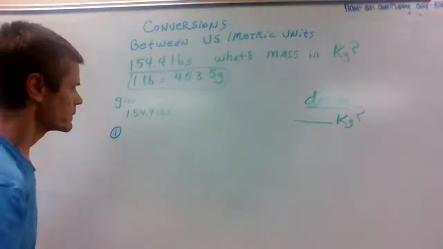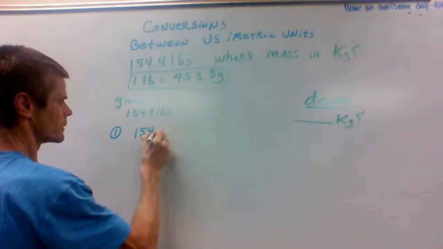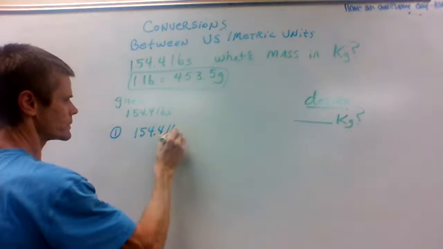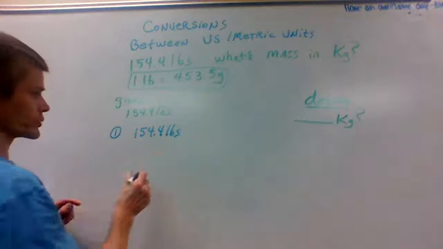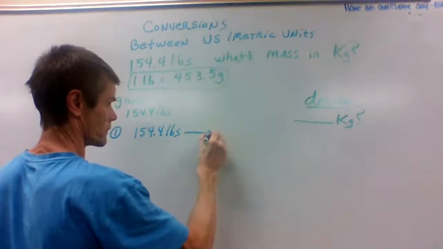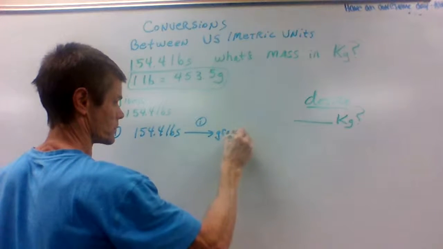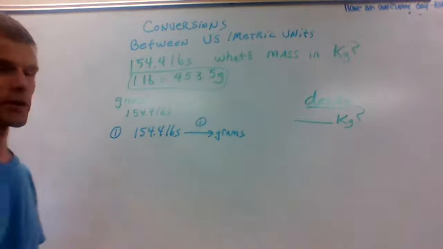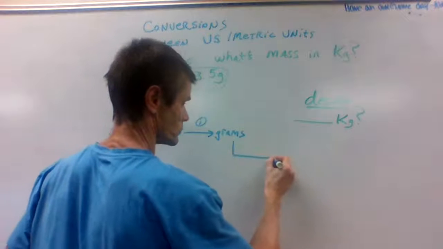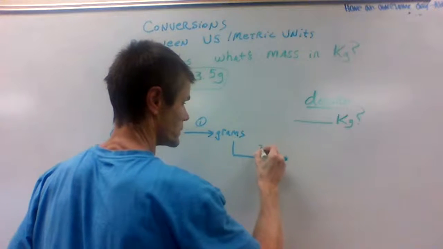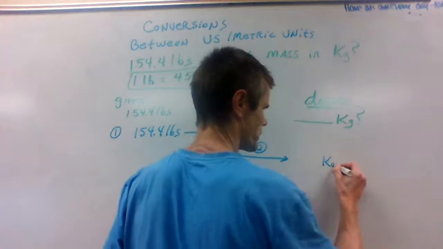First step is we're going to convert 154.4 pounds to grams using our conversion factor. That's our first step. Once we know what the patient's mass in grams is, the second step is to convert that to kilograms.